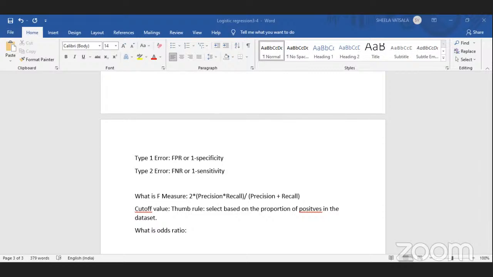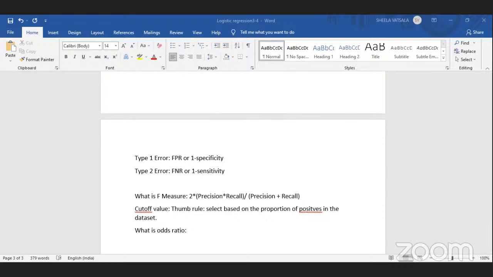The probability is always 1. So how do we define it as the ratio of probability of success and probability of failure? That can be quantified as log of p by 1 minus p. This is called logarithm of odd or log odd.